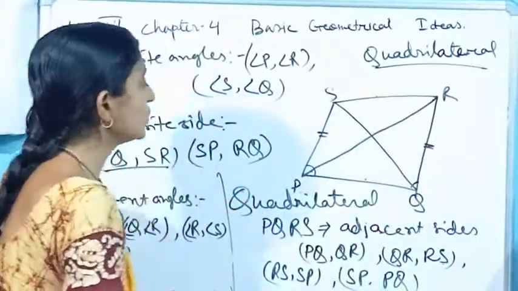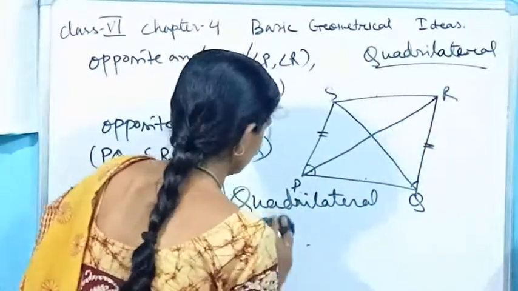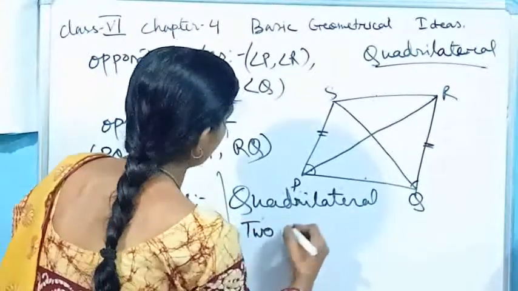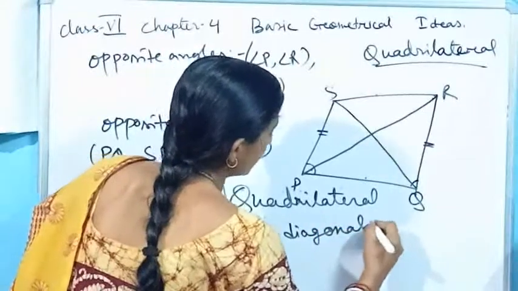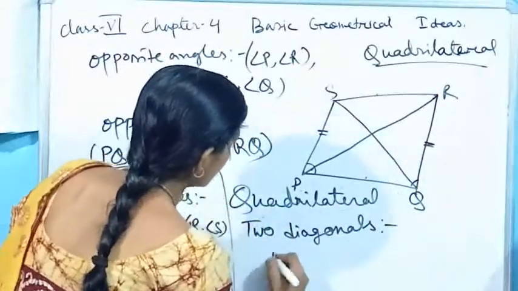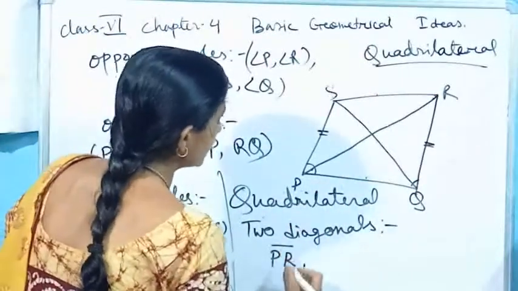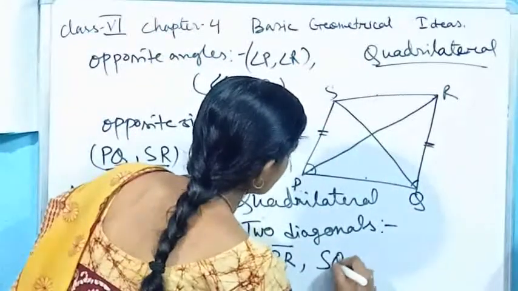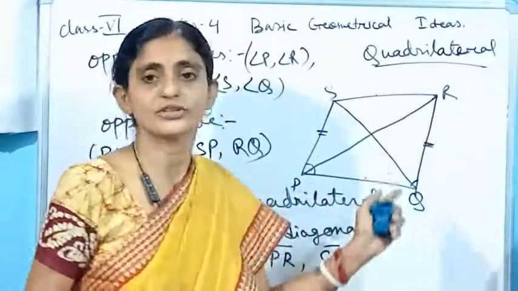So for a quadrilateral, two diagonals are there: the first is PR, which is also a line segment for this figure, and the other is SQ. They join the opposite vertices.